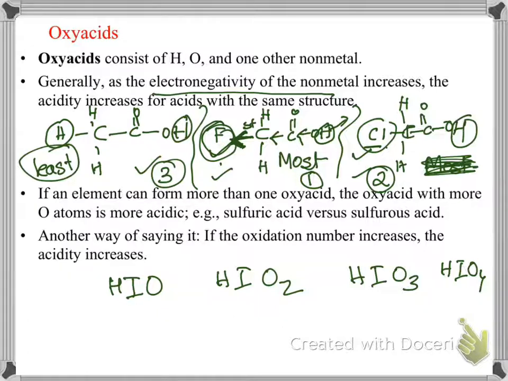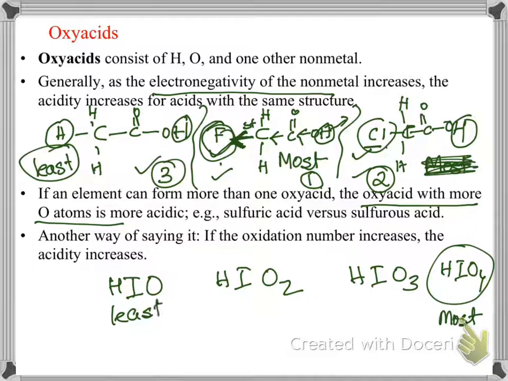The oxyacid with more oxygen atoms is more acidic. I can clearly see that this has the most oxygen atoms, so this will be most acidic and this will be least acidic.